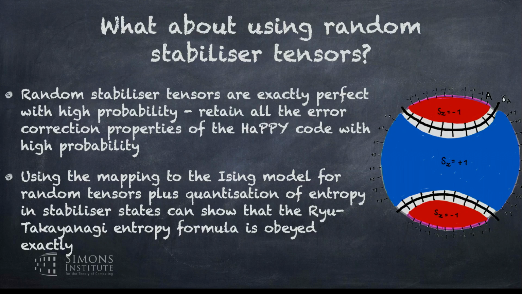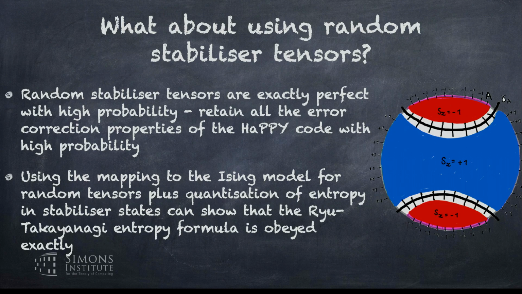And in fact, we can even use some other additional properties of random stabilizer tensors to go a little bit further. So random tensors are approximately perfect with high probability. But it turns out random stabilizer tensors are exactly perfect with high probability. And that gives us a little bit more control over the way information propagates in a random stabilizer tensor network than it would in a random tensor network with Haar random tensors.